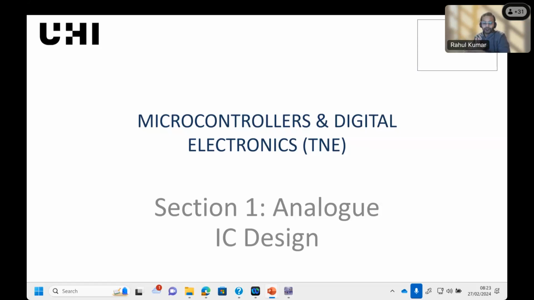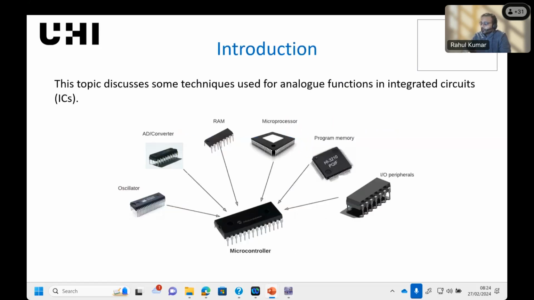So let's not waste any time and start with the first section or first lesson. The first lesson in this module, microcontroller and digital electronics, is analog circuits. You may have heard about microcontrollers before.